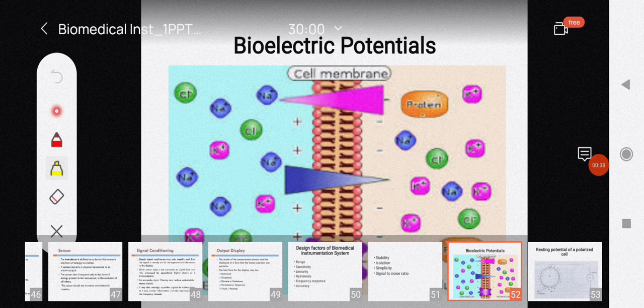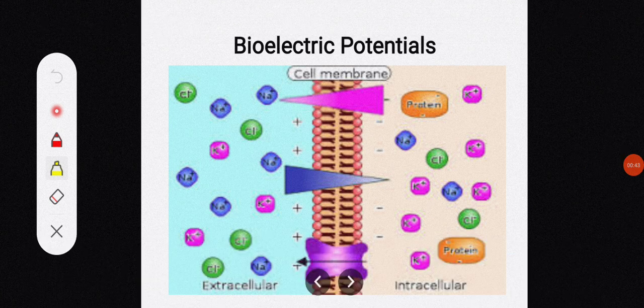So basically, what are bioelectric potentials? As I've told you, inside our body there are various physiological systems like the cardiovascular system, respiratory system, etc. Certain systems of the body generate some signals, and these signals are called monitoring signals, because by measuring these signals you can know the function of that system.